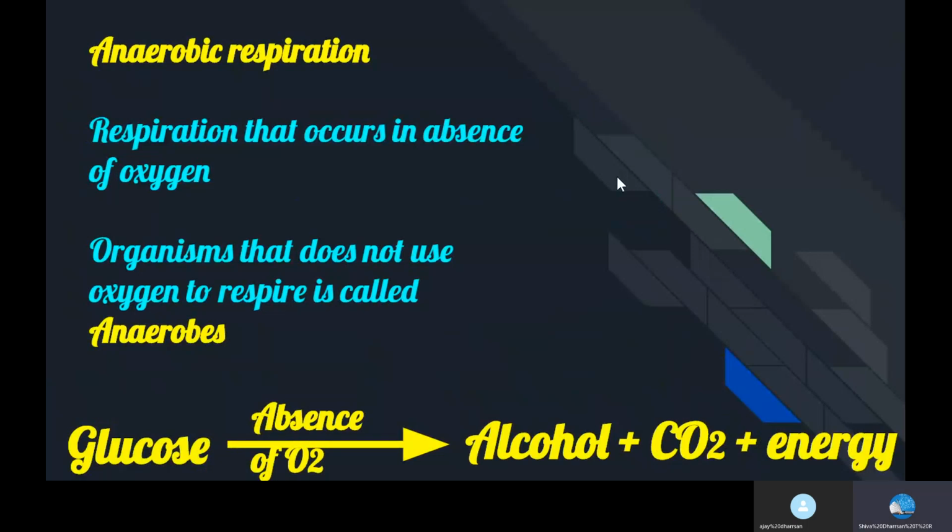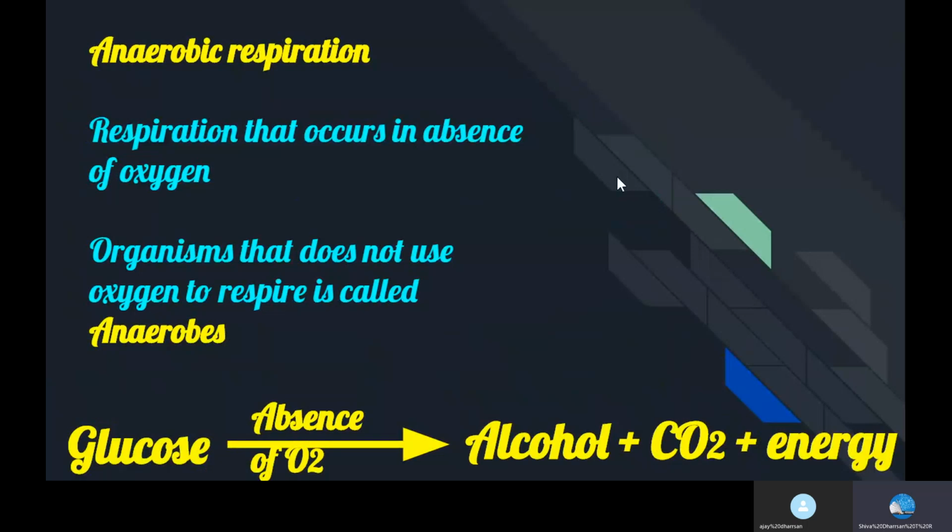It is broken down either into ethyl alcohol and carbon dioxide, or into lactic acid. A very small amount of energy is produced during anaerobic respiration. And anaerobic respiration occurs in yeast, some bacteria, and parasitic worms.